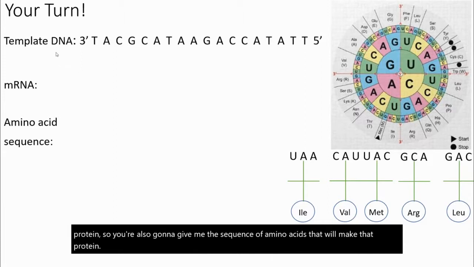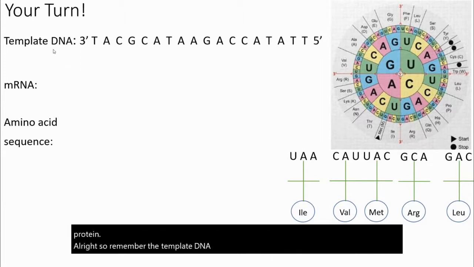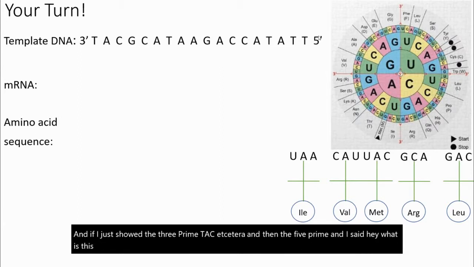All right, so remember, the template DNA strand is always the 3' to 5' strand. And if I just showed you the 3' TAC, etc., and then the 5', and I said, hey, what is this? You would know that it's DNA for two reasons.